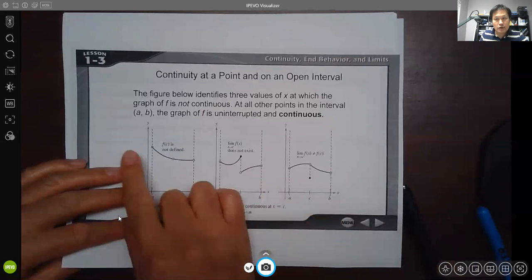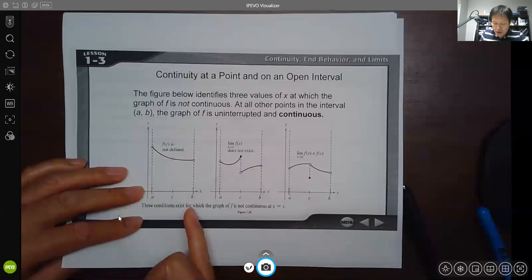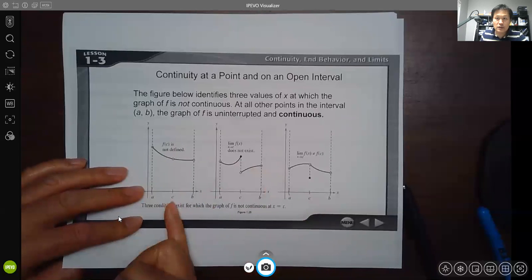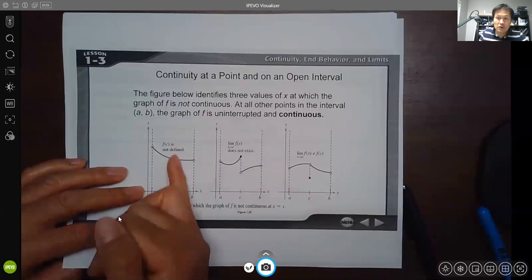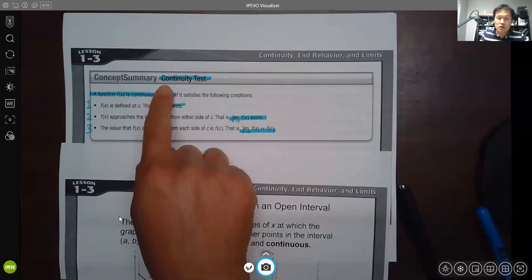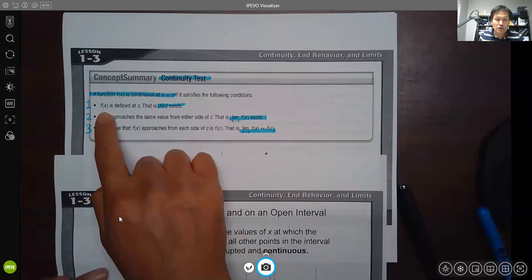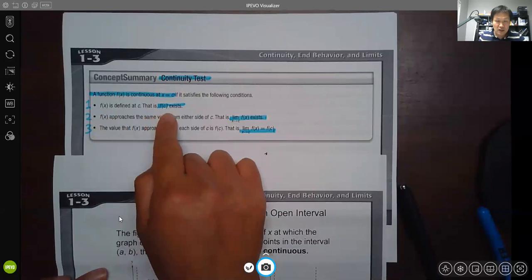So let me come back to this. Let's say there's a graph like this, and I ask you to show that it is continuous or discontinuous at x equal to c using the continuity test. This is what you have to do. You have to check the first condition: f of c exists.